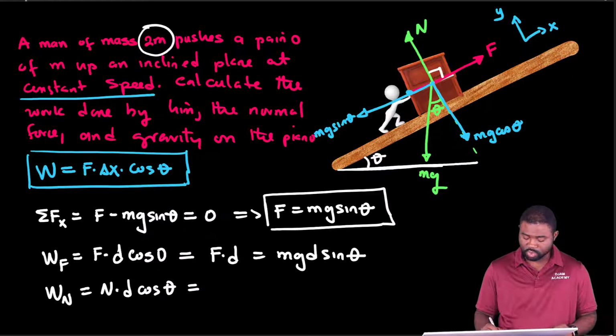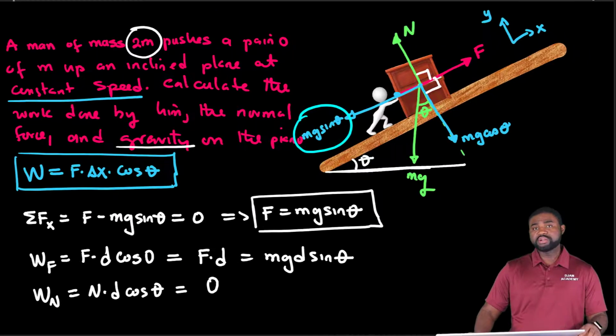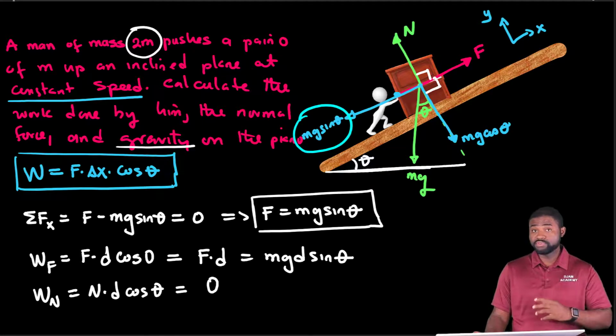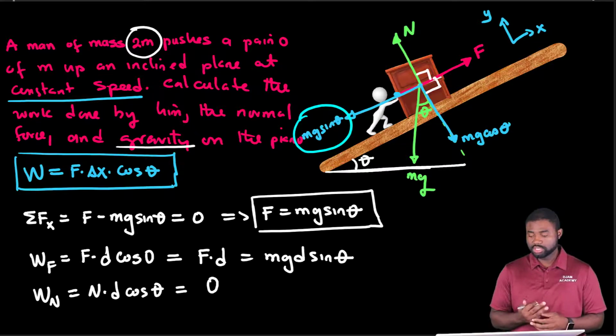So the work done by the normal force is 0. The last part of this question requires us to calculate the work done by gravity. This is different from the previous question in which the work done by gravity was 0. I intentionally brought in this question so you could see the difference.